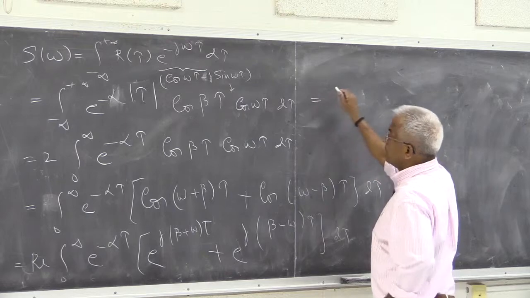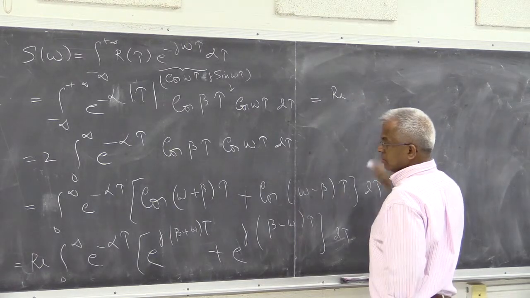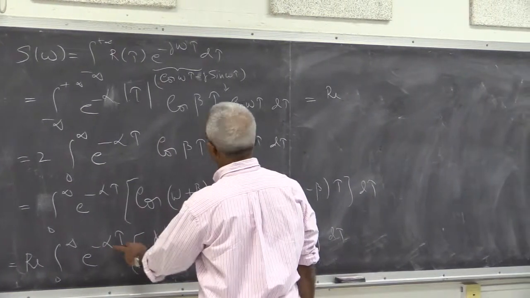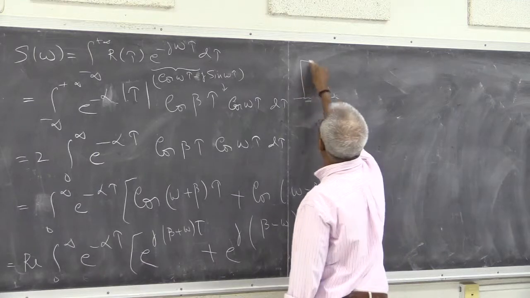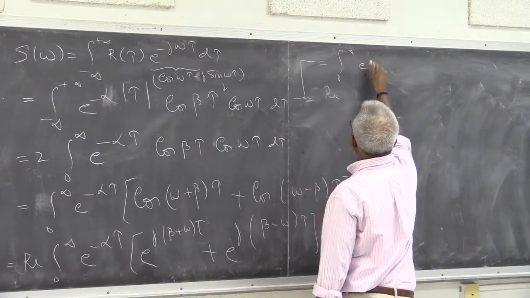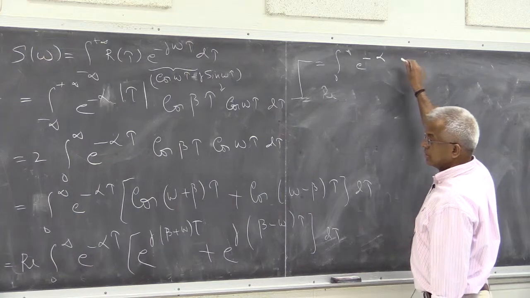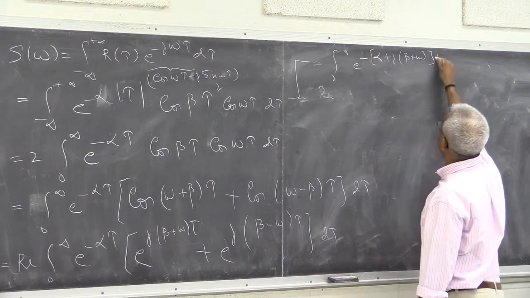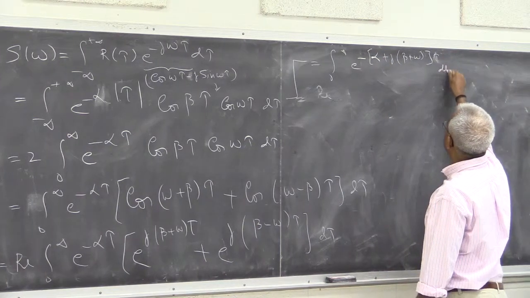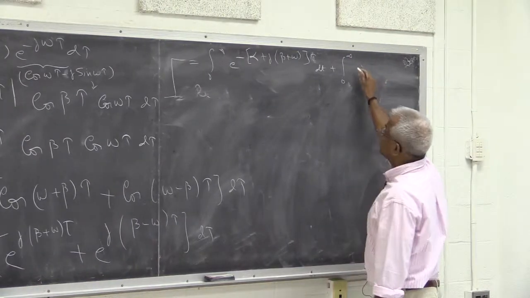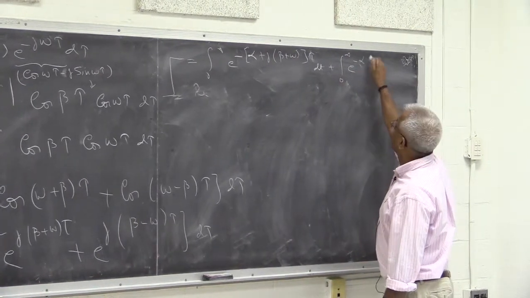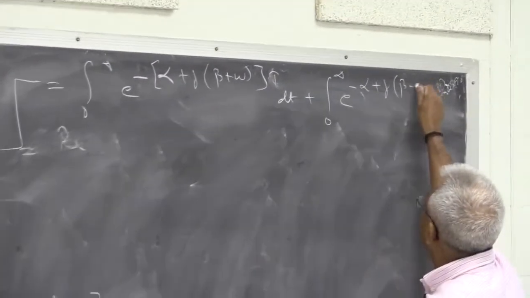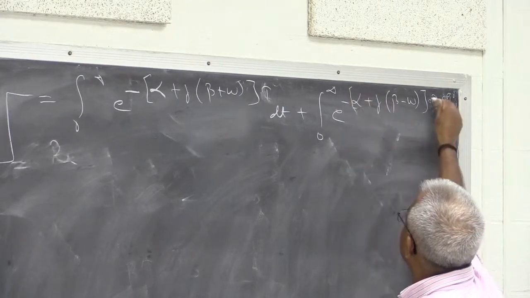So this will turn out to be a real part of, when you multiply this with this, one more step. So this would be integral 0 to infinity e raised to minus alpha plus j beta plus omega tau d tau plus integral 0 to infinity e raised to minus alpha plus j beta minus omega tau d tau.